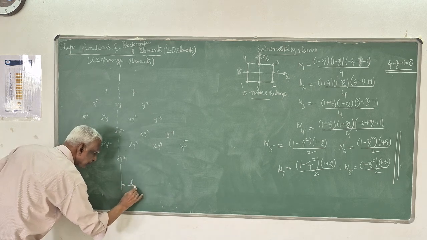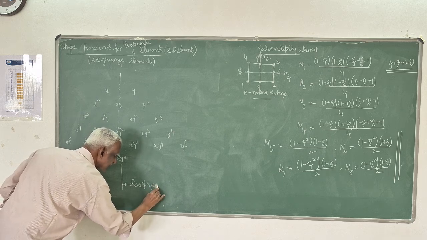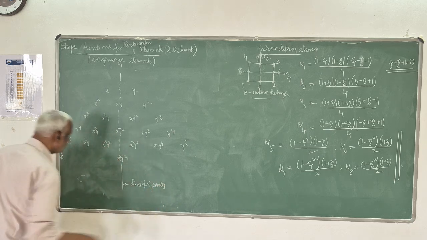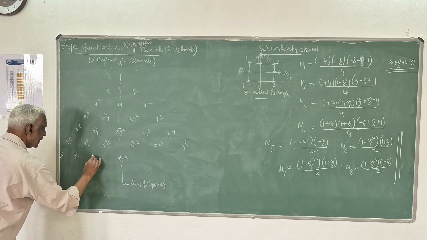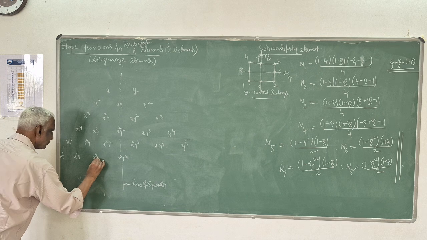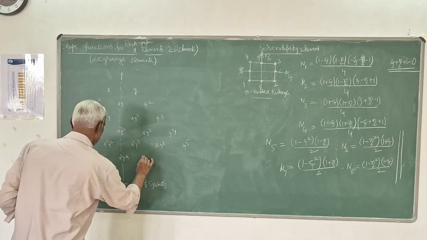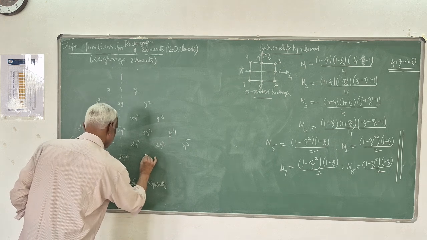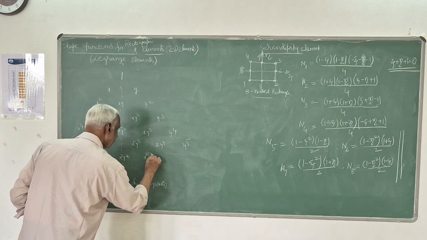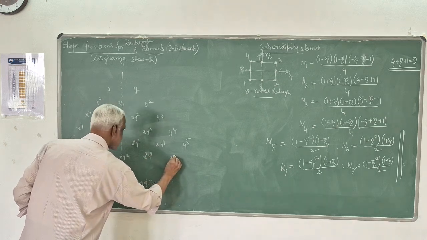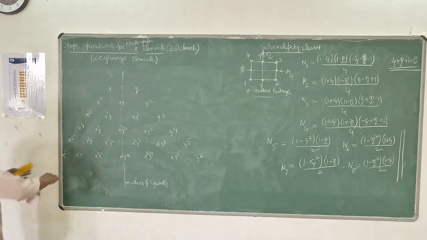This is the line of symmetry. This is x6, this is x5y, this is x4 y square, x cube y cube, x square y4, this is x y5, like that.